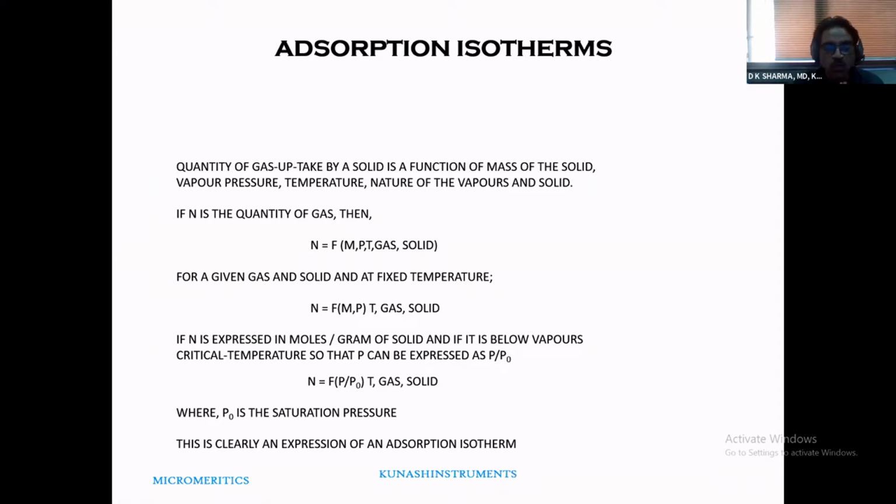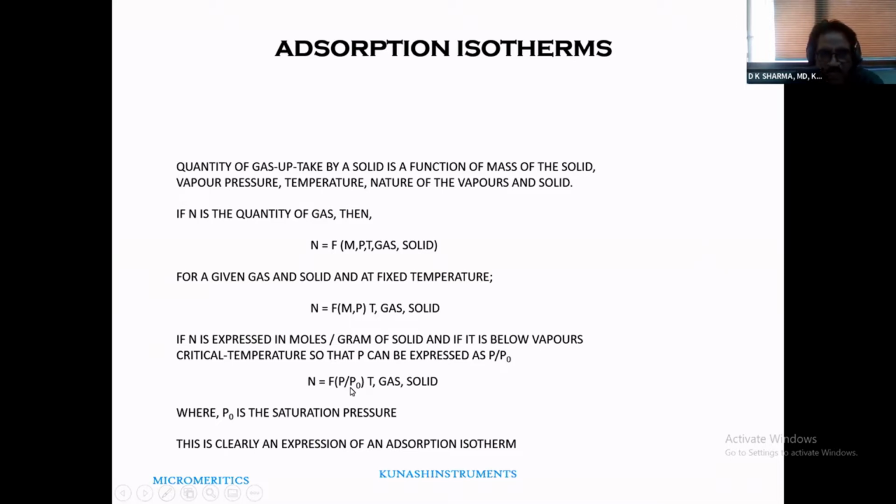So the volume of an adsorbed gas as a function of pressure at fixed temperature is an equation for an isotherm. And that's why when we measure with this instrument, we are measuring the adsorption isotherms.